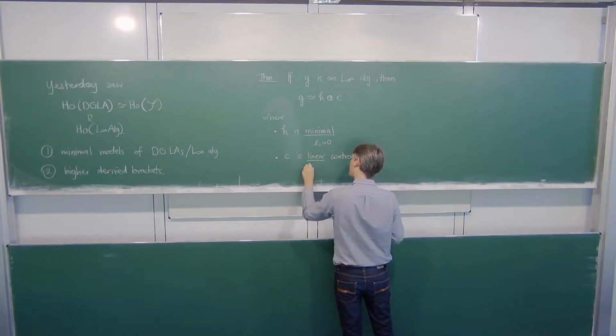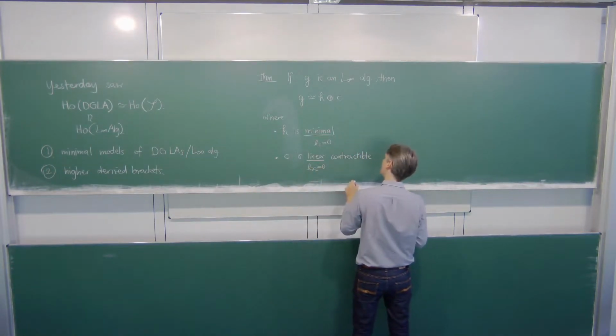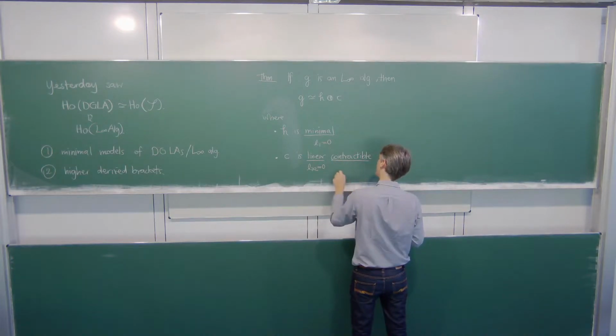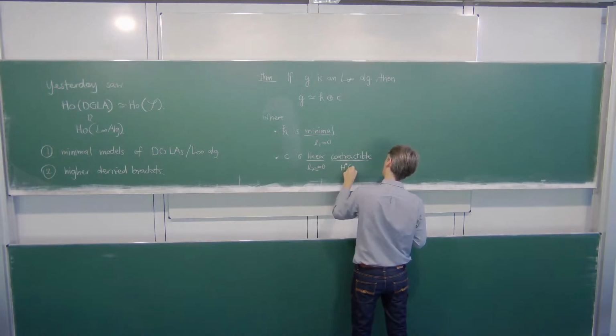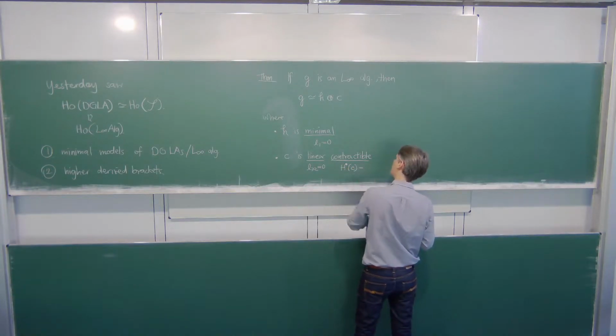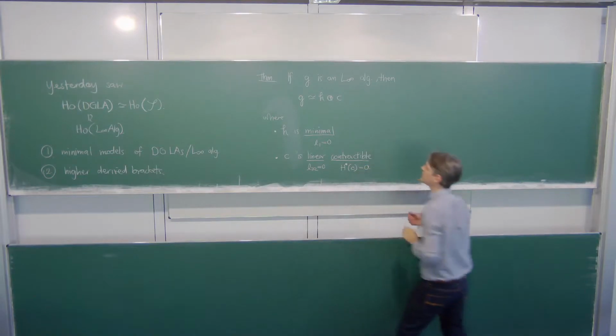Linear means that all the higher brackets vanish, the variable 2 is 0, and contractible means that the homology is 0.